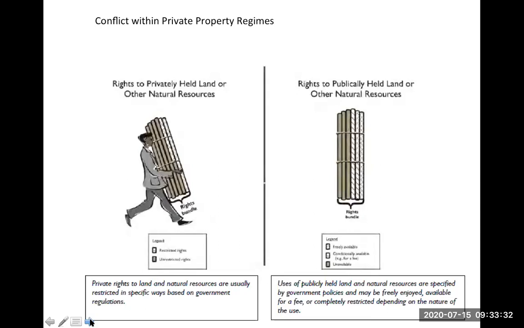Someone would have a right to privately held land or a right to some other natural resources. But as you know, many natural resources are the preserve of the state. Actually, in some governments, you only own the surface. Anything underground belongs to the state, the minerals and everything else.